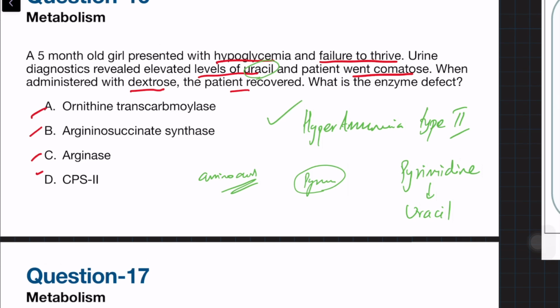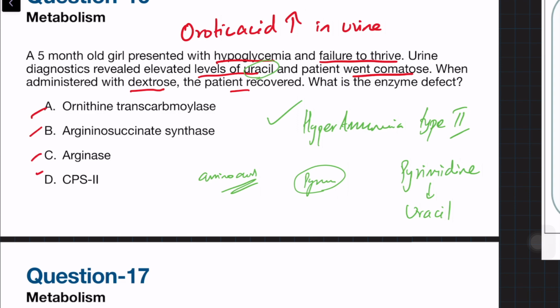I specifically did not give the clue here that orotic acid is seen in urine, to make this question hard. Sometimes in the FMG exam, you'll know the case, but you won't know the clincher, the point which you used to study. That won't be a problem, because one question will not make a big difference.